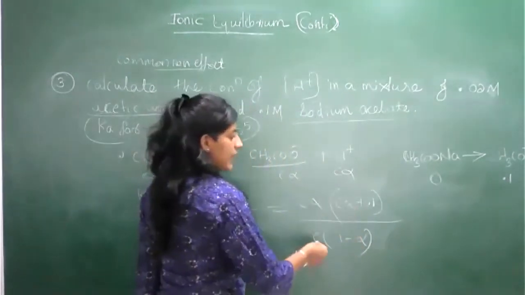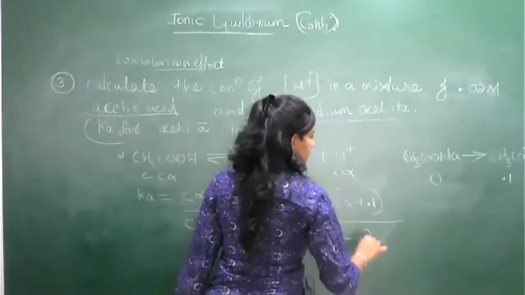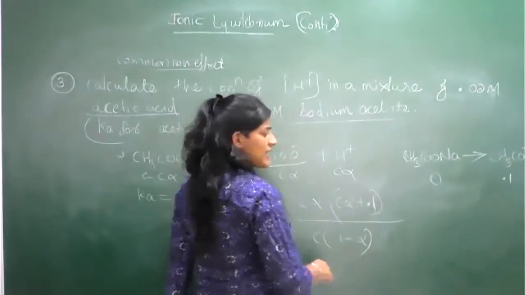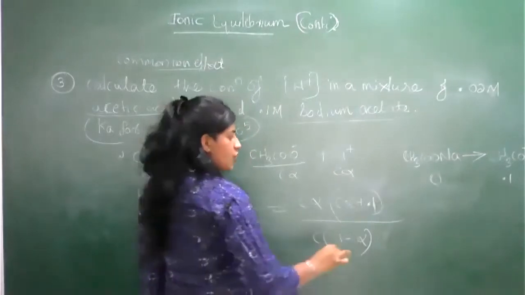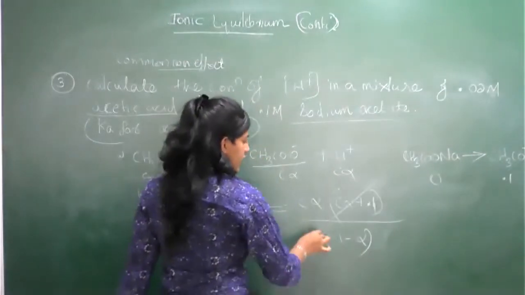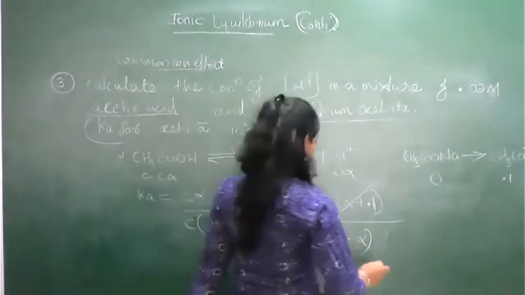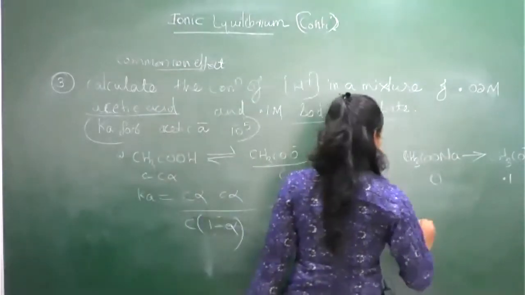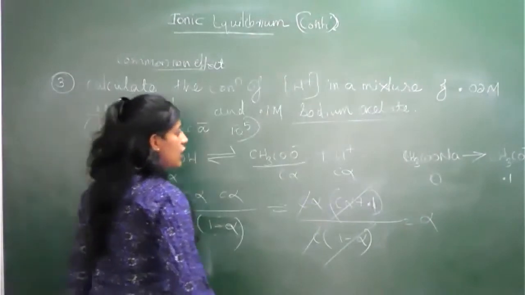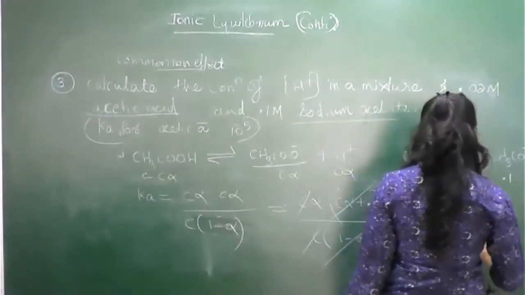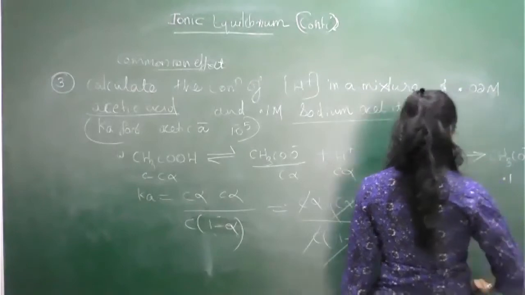If we compare this result, the alpha term is 0.05, so it is negligible and we can eliminate this term. So alpha C gets cancelled, and here this is also eliminated. K value is given to you, so alpha is equal to directly 10 to the power minus 5.